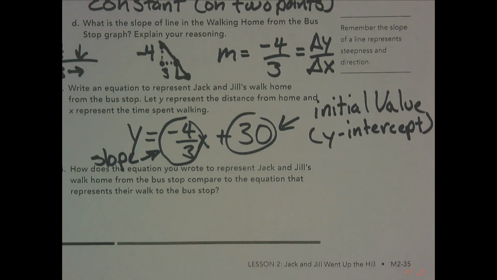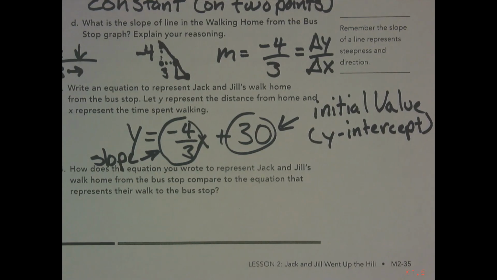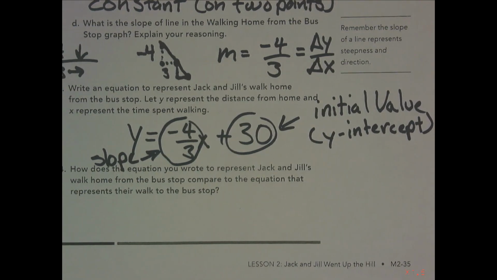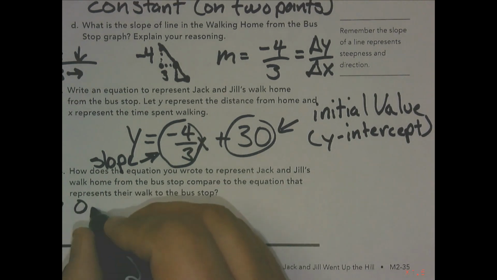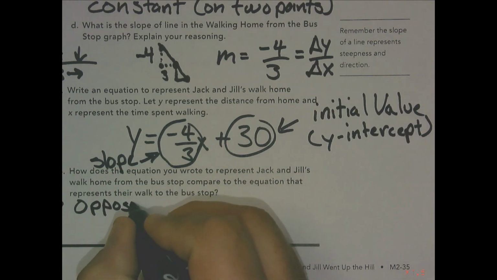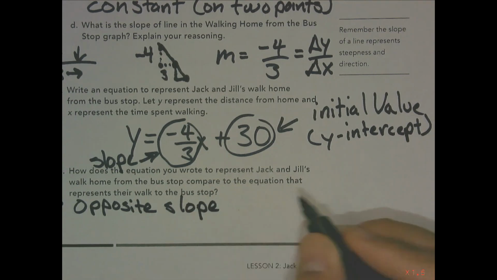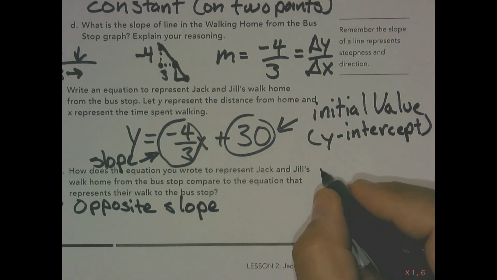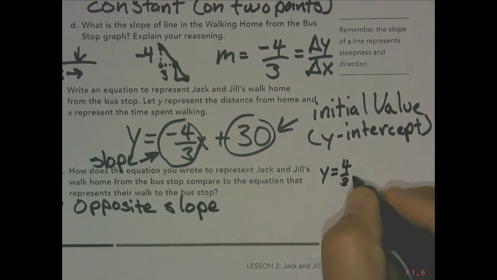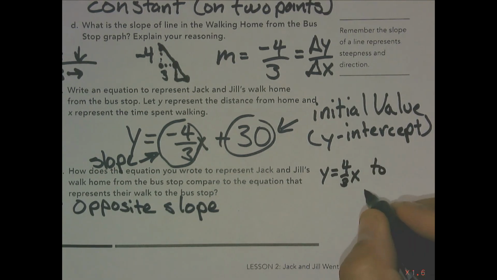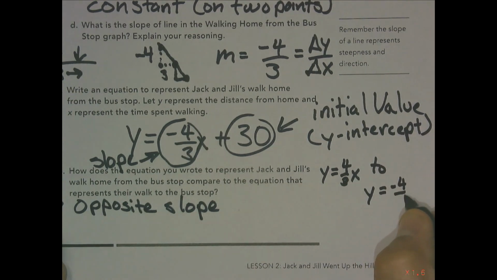Last question, question number 4. It says, how does the equation you wrote represent Jack and Jill's home from the bus stop compared to the equation that represents their walk to the bus stop? The first thing I noticed is they have opposite slopes, because we're comparing two graphs: y equals 4/3 x to y equals negative 4/3 x plus 30.